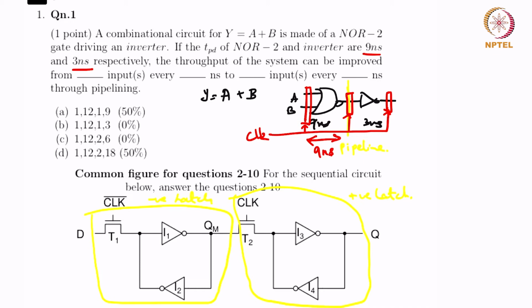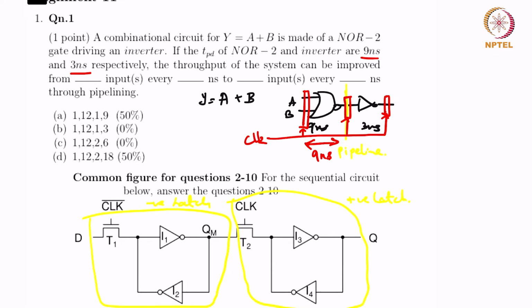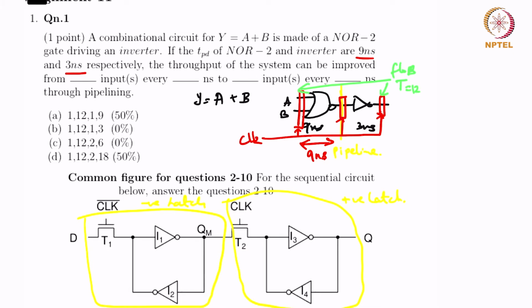Initially, without pipelining, the total delay of the system, let's say you just had these two flops, the total time period was equal to 12 nanoseconds.